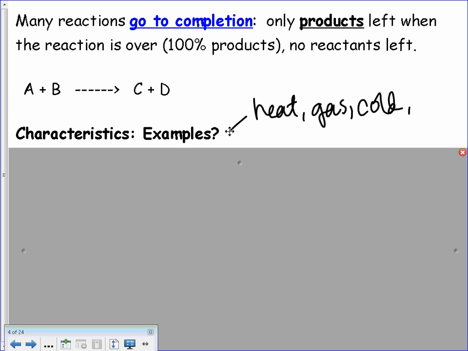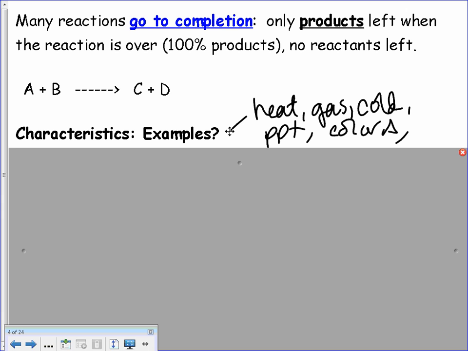Those are some things that show a chemical reaction occurs. What else? Precipitation, color change. Anything else? That's a pretty good list.